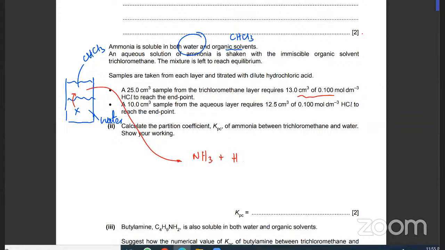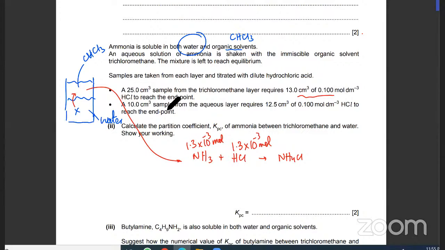What's the reaction between ammonia and HCl? It's going to form NH4Cl. So this is 1.3 times 10 to the power minus 3 moles. The amount of ammonia is going to be exactly the same in the sample, 1.3 times 10 to the power minus 3 moles, because it's 1:1.